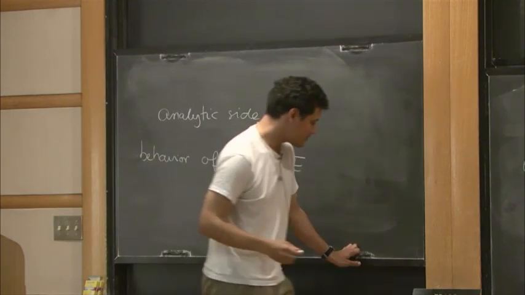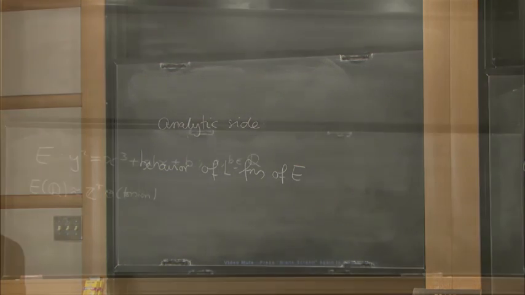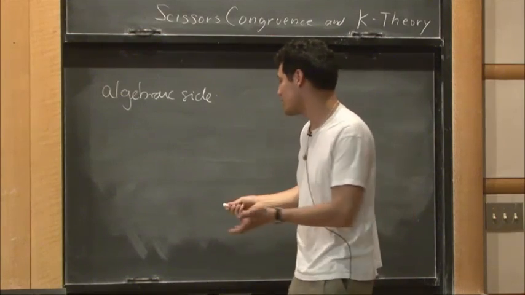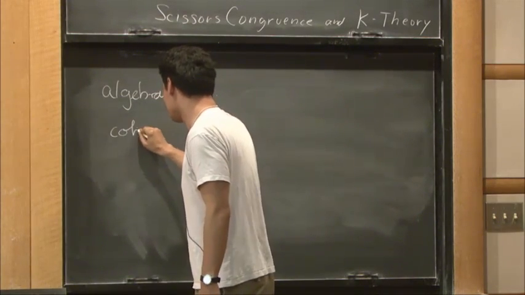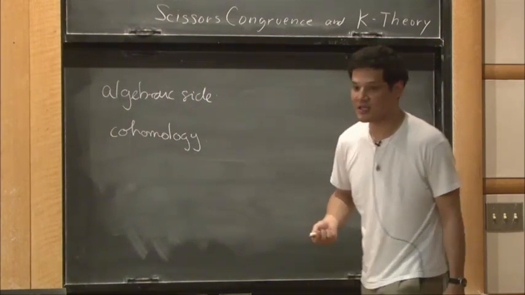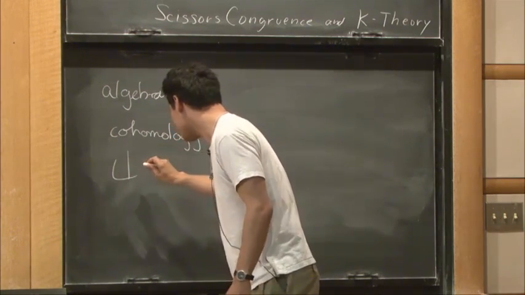And then on the algebraic side, what one can associate is cohomology. Inside cohomology, there's a very interesting group called Sha, the Tate-Shafarevich group.